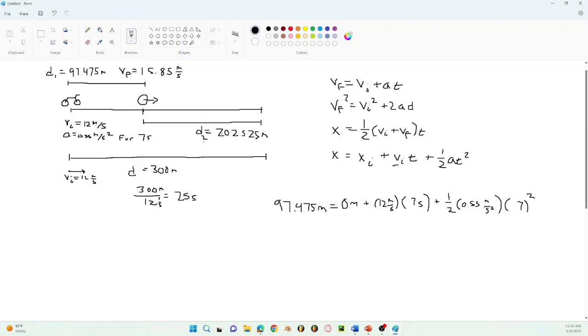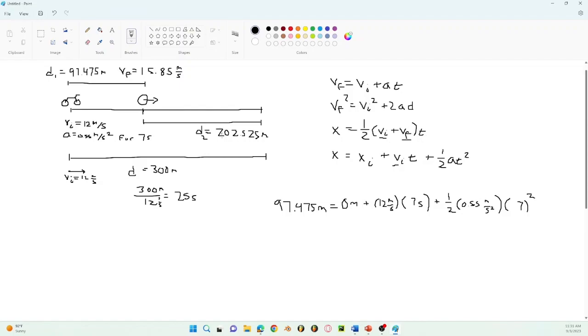we have the distance, we have the velocity, we're just looking for the time now. We can use the initial velocity and the final velocity, which are going to be the same because they're not accelerating.